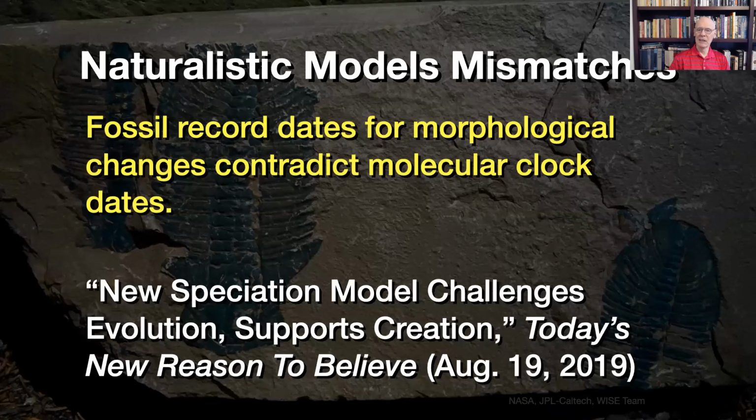And then there are attempts within the evolutionary biological community to find some way to reconcile the dates we get from the molecular clocks and the morphological clocks. But you can get this article I wrote back in 2019, where I was commenting on papers in the peer-reviewed literature, where I described how they were attempting to reconcile this discordance and basically conceding that they could see no way to reconcile the discord.